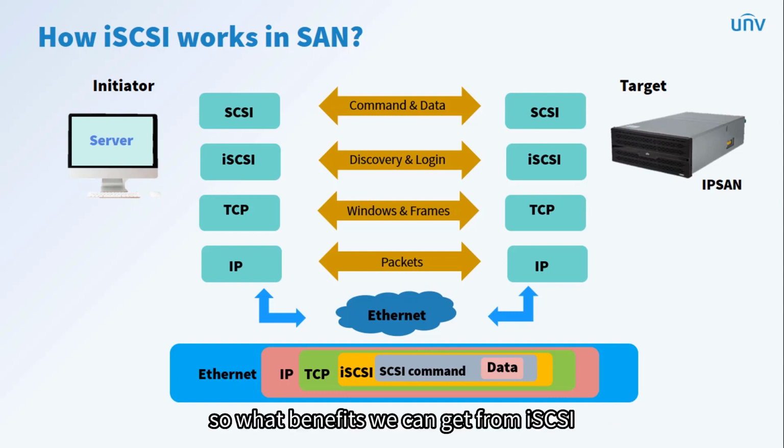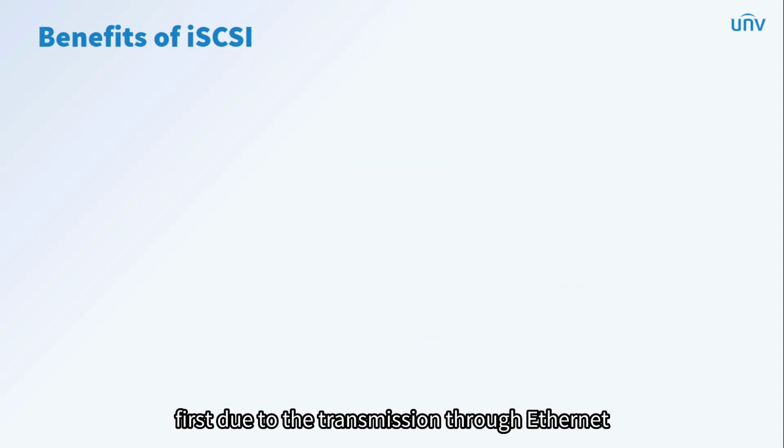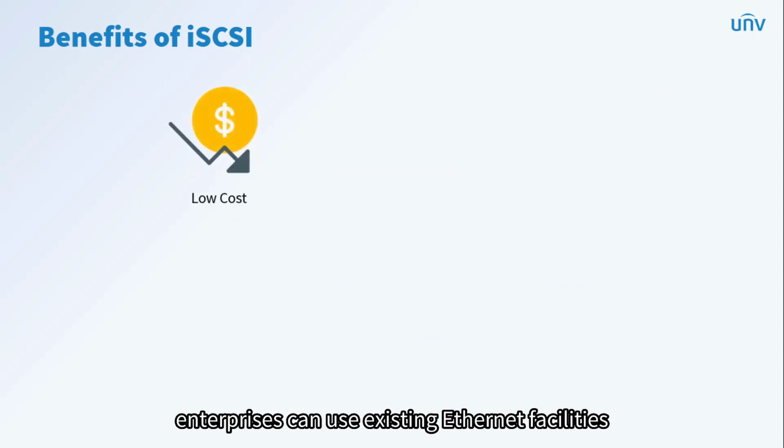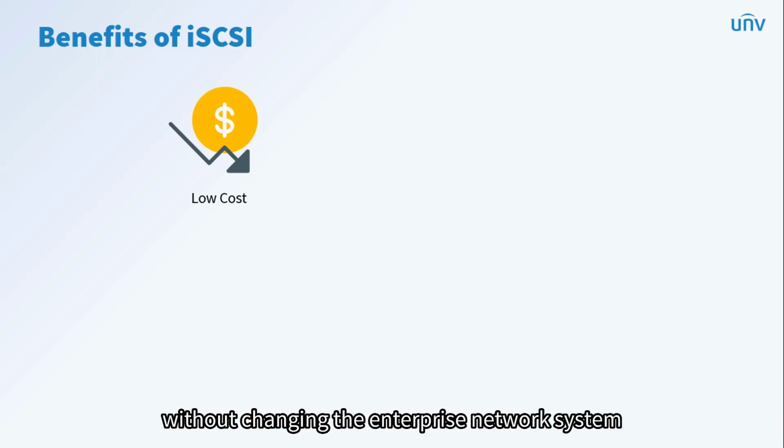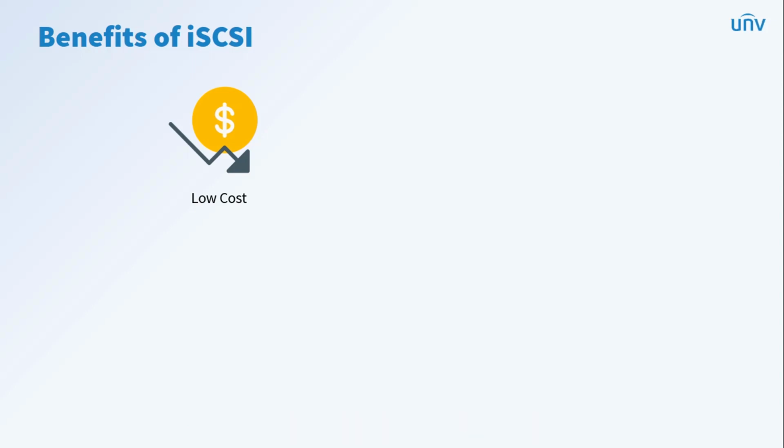So what benefits can we get from iSCSI? First, due to the transmission through Ethernet, enterprises can use existing Ethernet facilities to deploy an iSCSI storage network without changing the enterprise network system, so its deployment cost is relatively low.